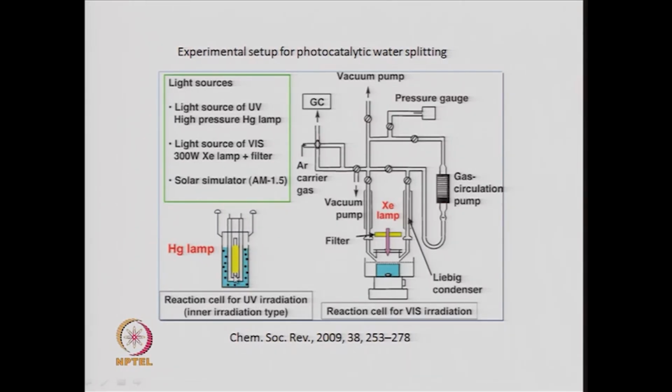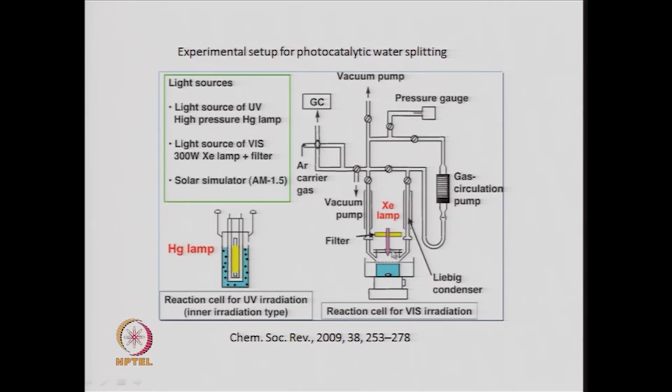So, you put the mercury lamp, connect it to the mains, and when the lamp glows, ultraviolet rays come out, and you have this solution with the nanoparticles or the semiconductor particles here, and then hydrogen and oxygen will be generated at the two electrodes. You can also do a similar thing with a xenon lamp, and this has a GC attached for analyzing the gases which come out.